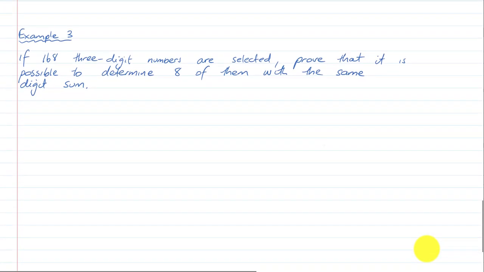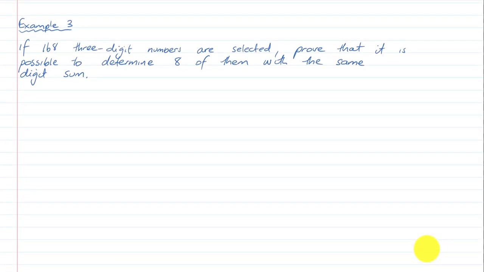Okay, we're going to finally look at example 3, which is not quite as trivial and offers us a complex familiar, or even maybe bordering on complex unfamiliar, example. If 168 three-digit numbers are selected, prove that it is possible to determine 8 of them which have the same digit sum. So when we talk about digit sum, let's take a 3-digit number, for example, 371.